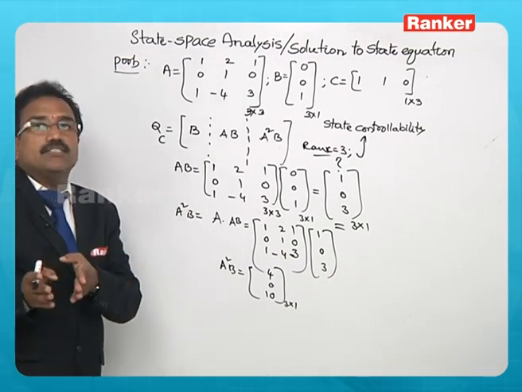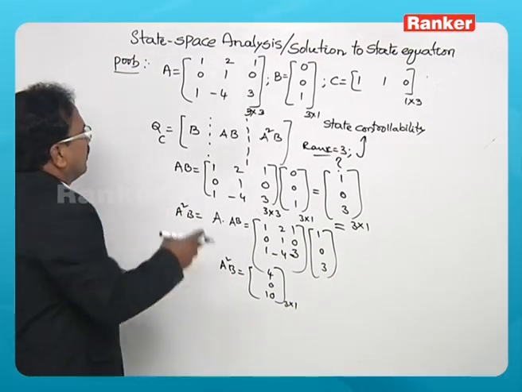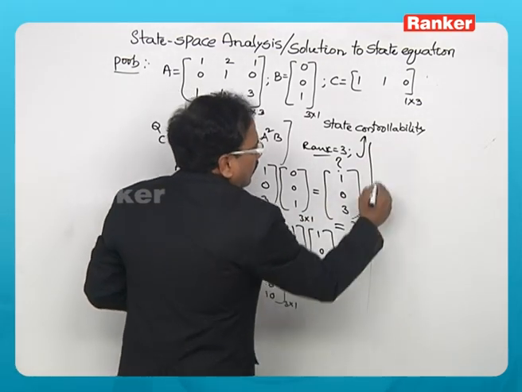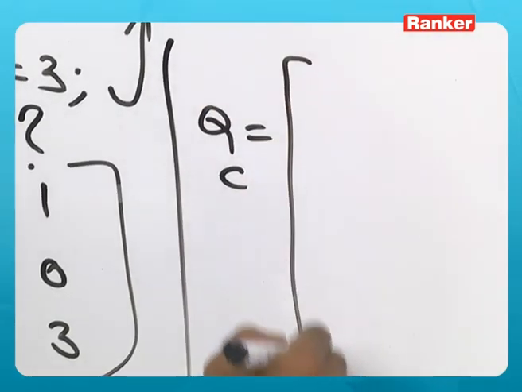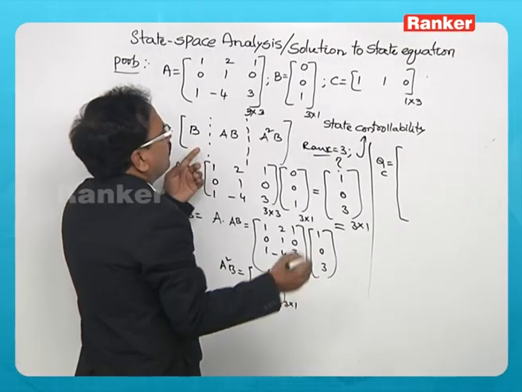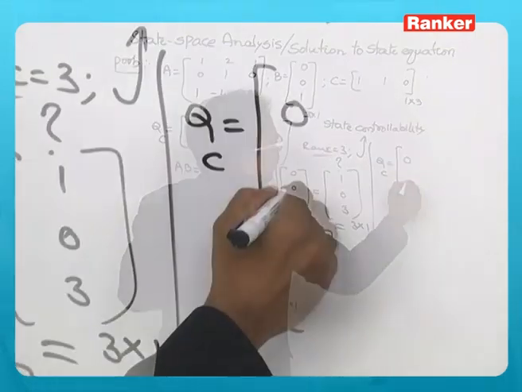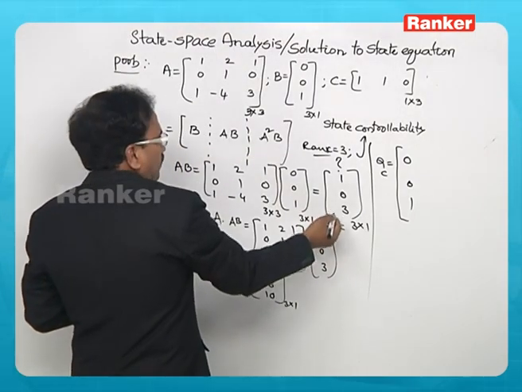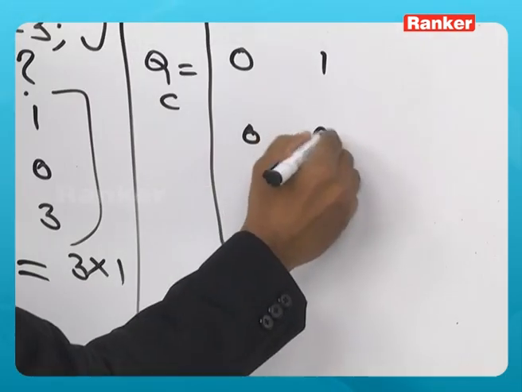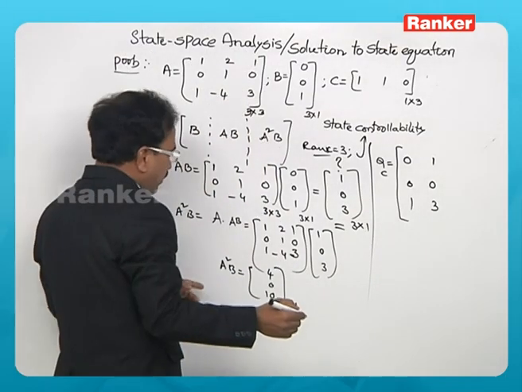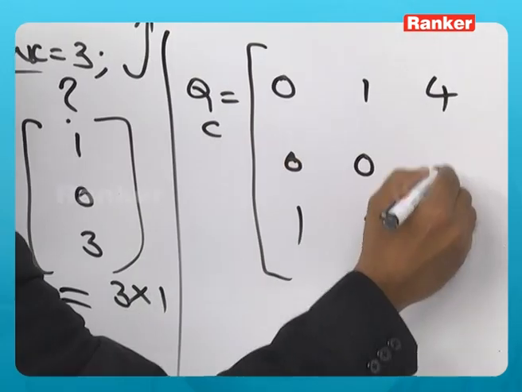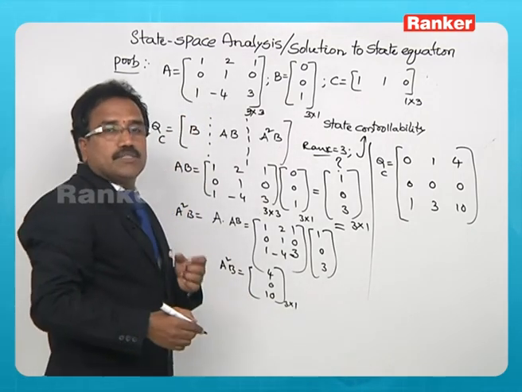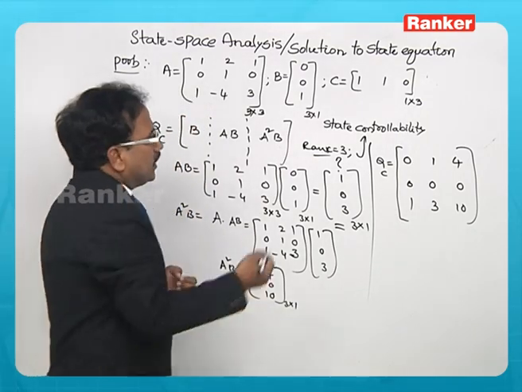Now, you need to arrange them in QC. QC is equal to, the first component is B, given here as 0 0 1, and the AB you got here is 1 0 3, and A square B you got is 4 0 and 10. The rank of this matrix should be 3, but it is not so here.